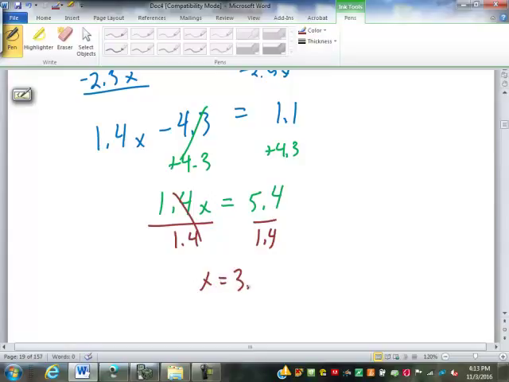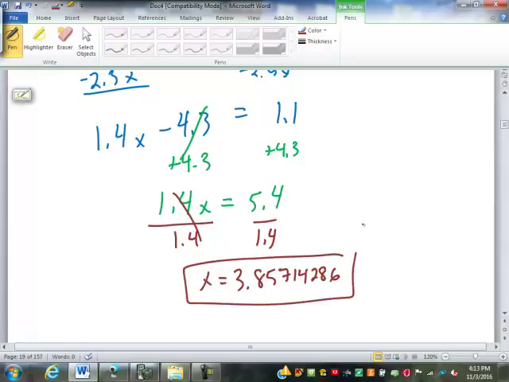X equals 3.85714286 approximately. Any questions?